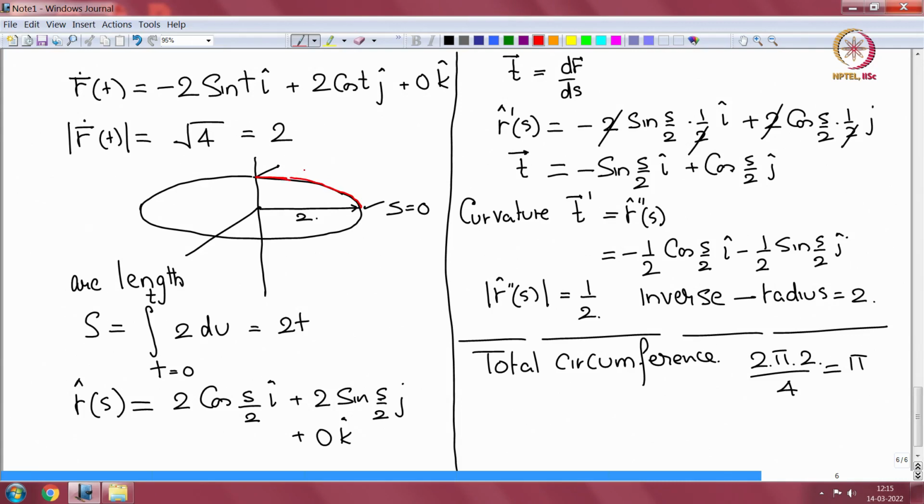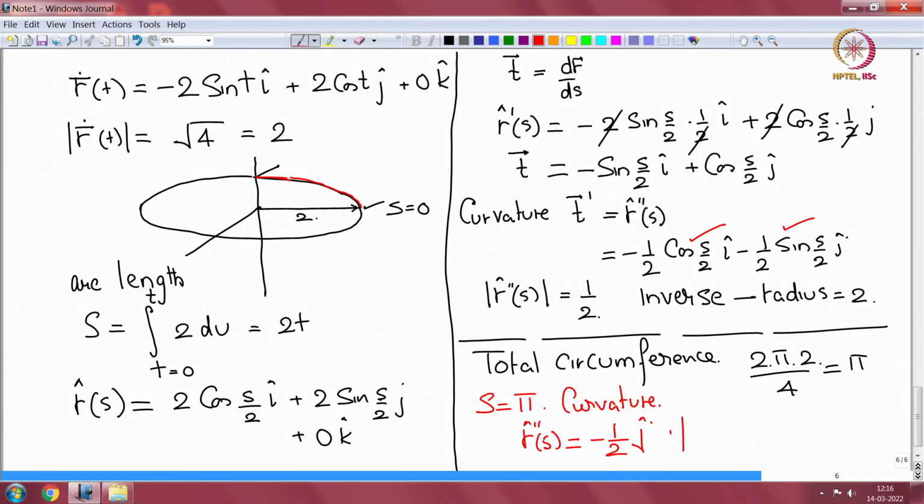Now at s equal to pi, if I compute my curvature, I get r hat double dash of s equal to minus half cos(pi/2), which is 0, and sin(pi/2) is 1, so minus half j.